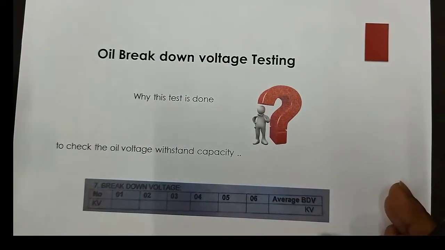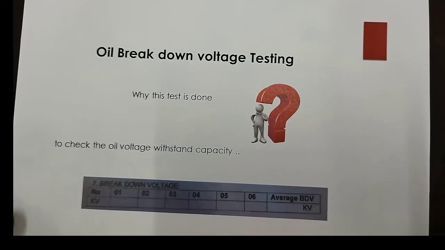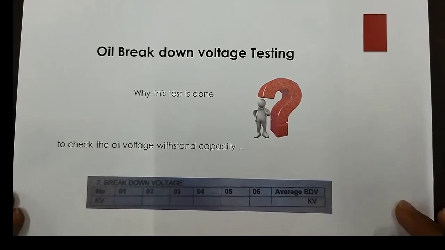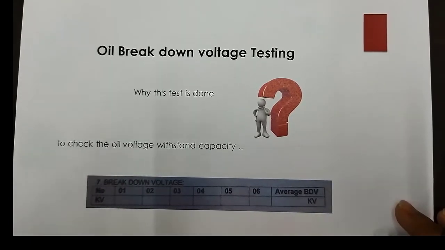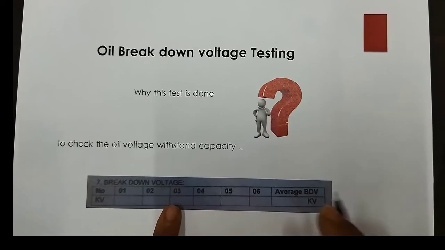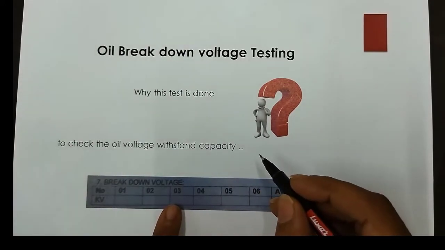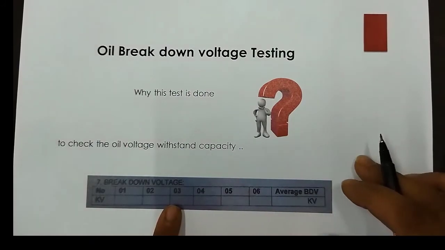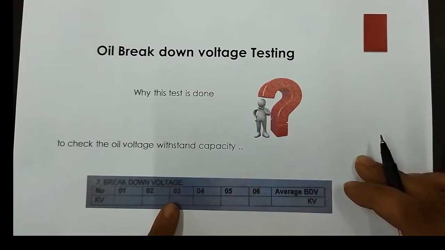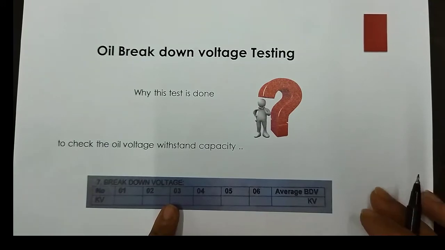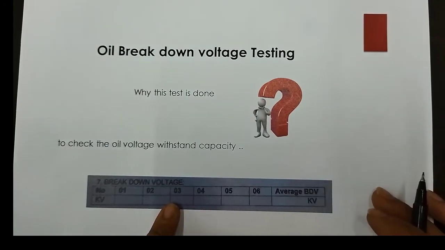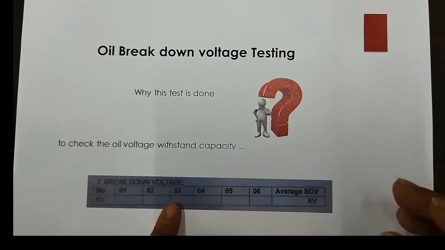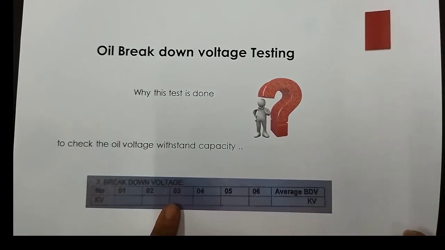Oil breakdown voltage is also a very important test, and you can't do this test in the field because you need a special device in which oil from the transformer is taken as a sample and placed between a cathode and anode kept at a 2 mm gap, and you have to apply voltage. As per the standard, it should be 35 kilovolt at which the oil should flash.